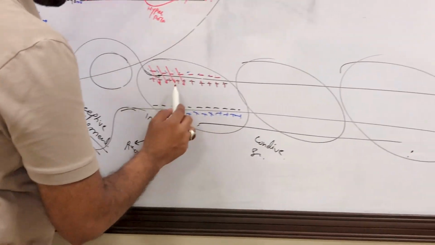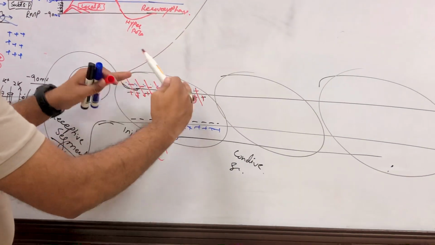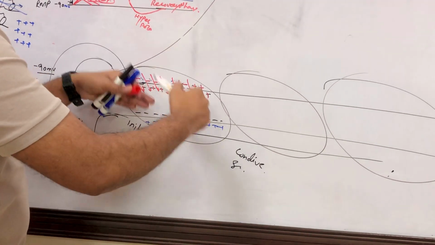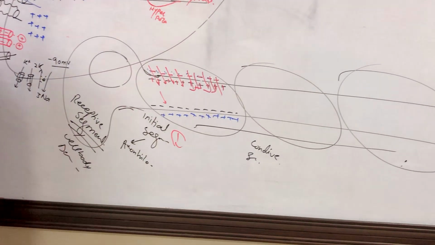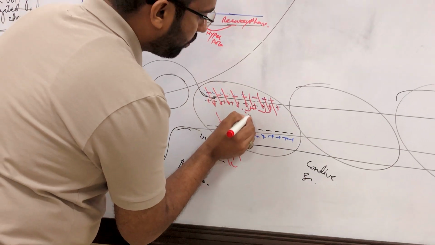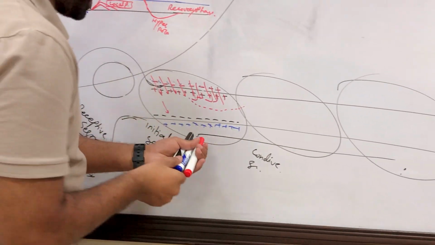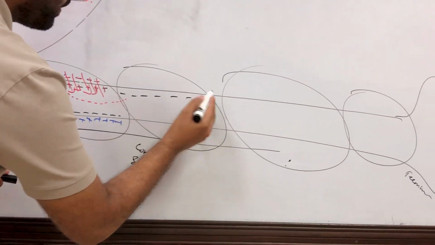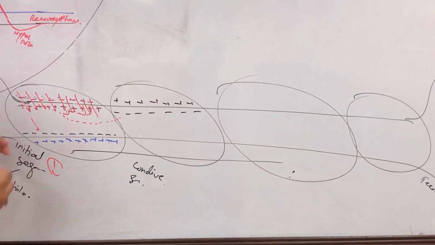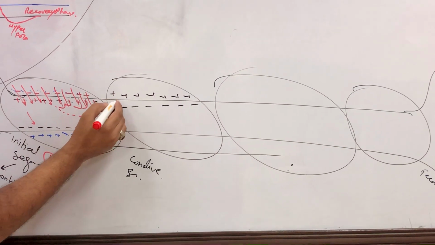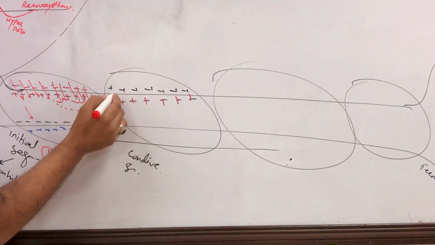When sodium comes in, the inside becomes electropositive, and then suddenly the sodium channels turn off and potassium goes out, and it converts again to the configuration of internally negative, externally positive. But when sodium comes in, it moves and stimulates the nearby adjacent area, which is still negative inside and positive outside. The little sodium which comes inside trickles into the adjacent area and stimulates it, the sodium channels open, and it becomes positive inside and negative outside.